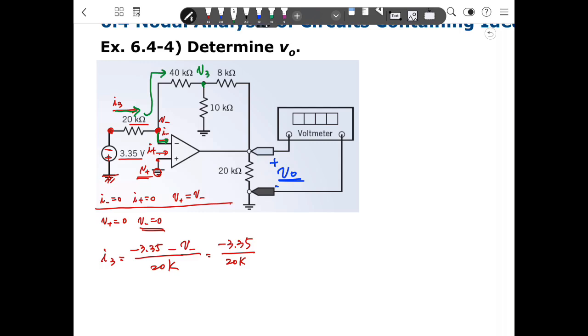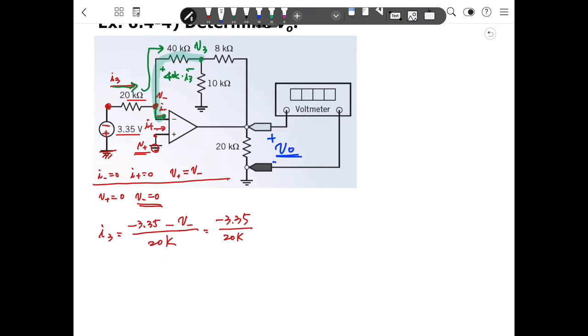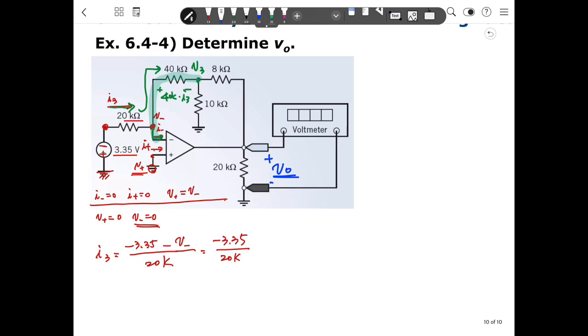So we define this V3. Then how much will we see? The voltage drop here is 40 kilo times I3. So from here we go with the same 40 kilo and I3 plus the V3.